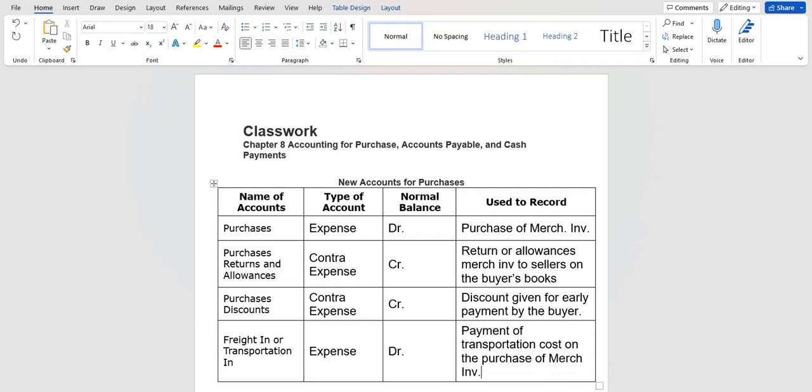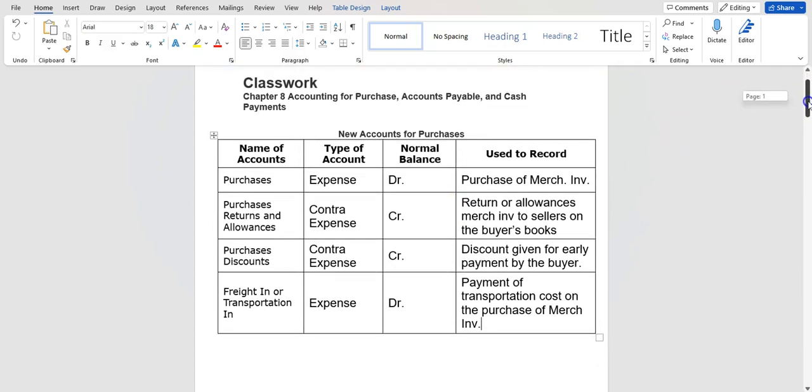Okay, so you want to remember all of these accounts. They're all very important. So you want to take this table very, very seriously. It's going to help you in the journal entries as we go through.